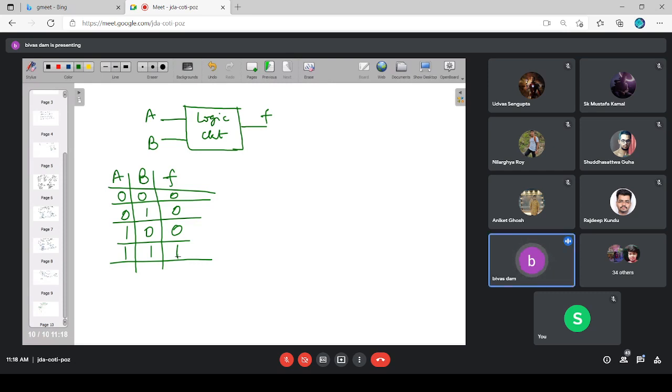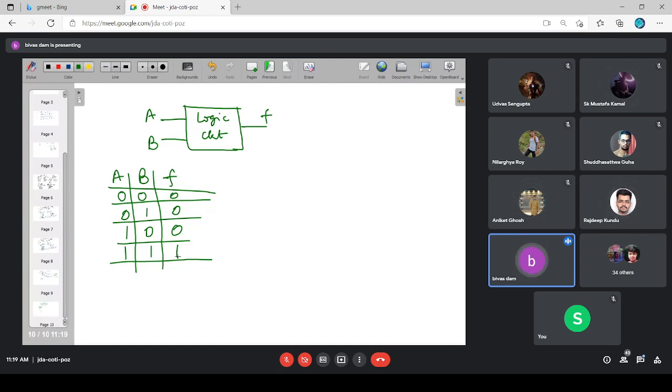But this logic circuit is basically one physical circuit. Is it not? Yes, sir. So, though I have not mentioned that as A and B, I have 0 0, 0 1, 1 0 and 1 1 input combinations. Truly speaking, I will be giving voltage high levels and voltage low levels at A and B. And at the output, I am expecting either a high voltage level or a low voltage level. Is it not? This circuit is a physical circuit.